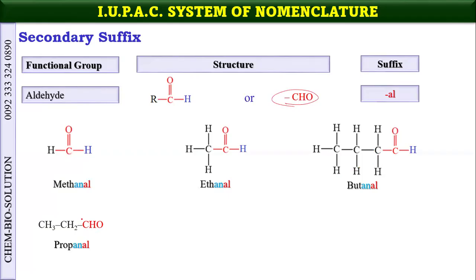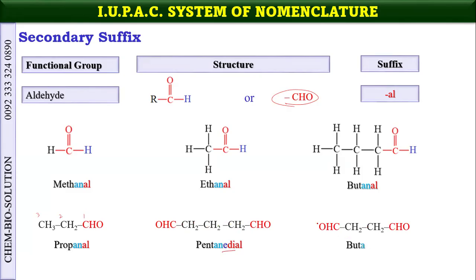So this is CHO. So 1 carbon is this, 2, 3, propanal, 1, 2, 3, 4, 5, pentanal again, because it is always on the terminal position, so not necessary to mention this. Again, 1, 2, 3, 4, butanal.